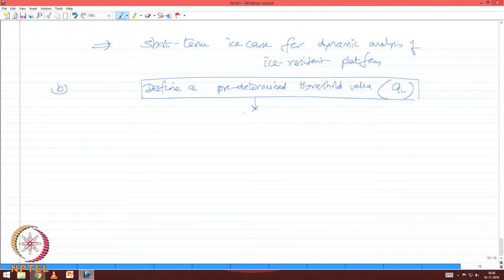Once the predetermined threshold value is known, compute the power spectral density function of displacement response under pseudo excitation, which I call SUU of f.